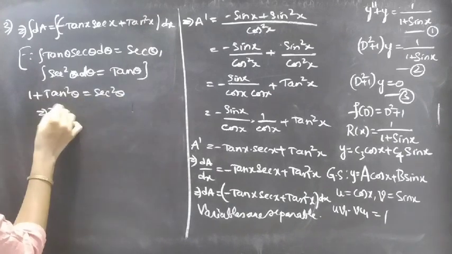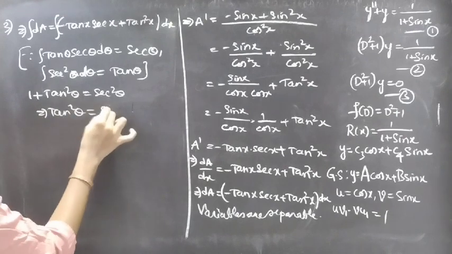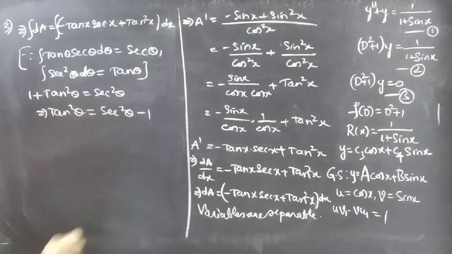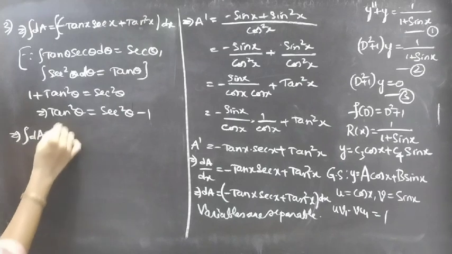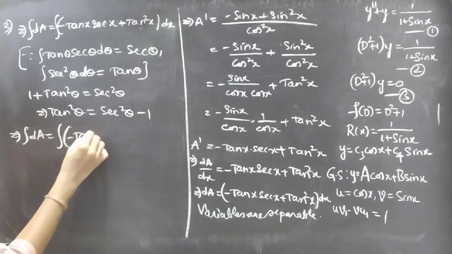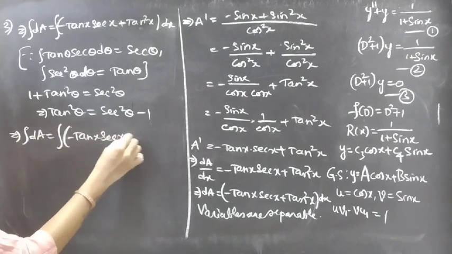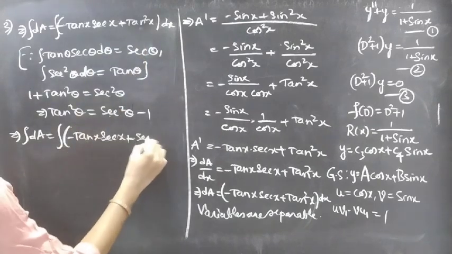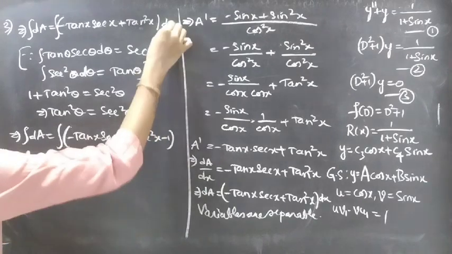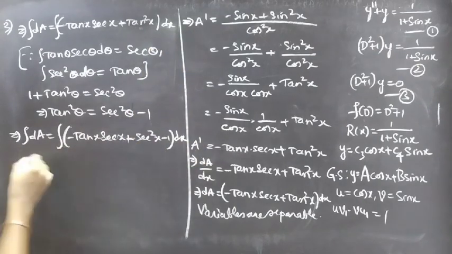From this we'll get tan square theta equals secant square theta minus 1, right? So let's replace tan square x with secant square x minus 1. Then the above equation becomes integral dA equals integral of (minus tan x secant x plus secant square x minus 1) dx.